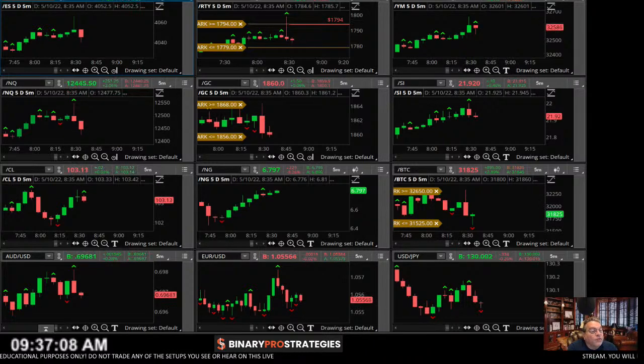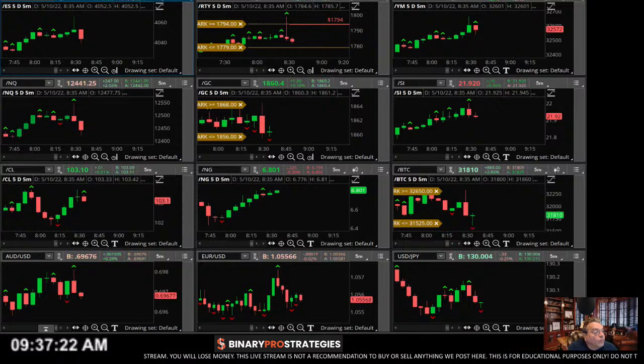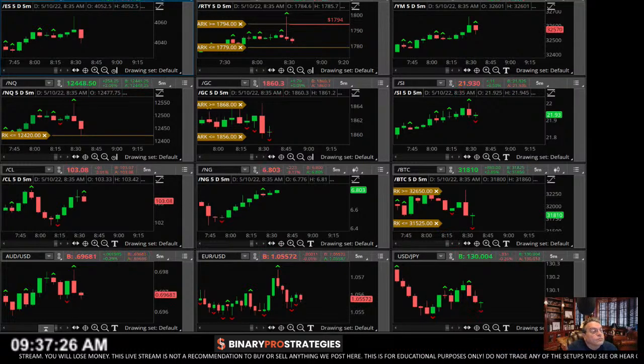I'll give you that target real quick: 124.20. Reversal on that mini NASDAQ, if we don't hit target, it's going to be, let's see here, 125.32.5.